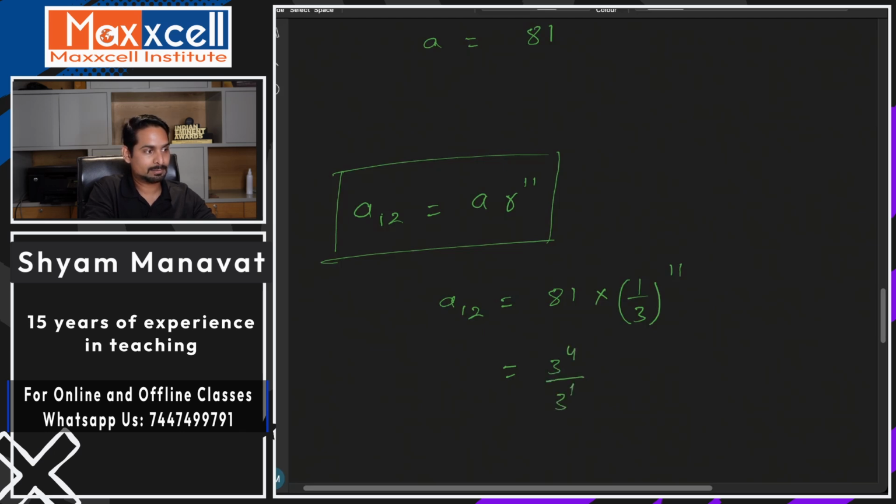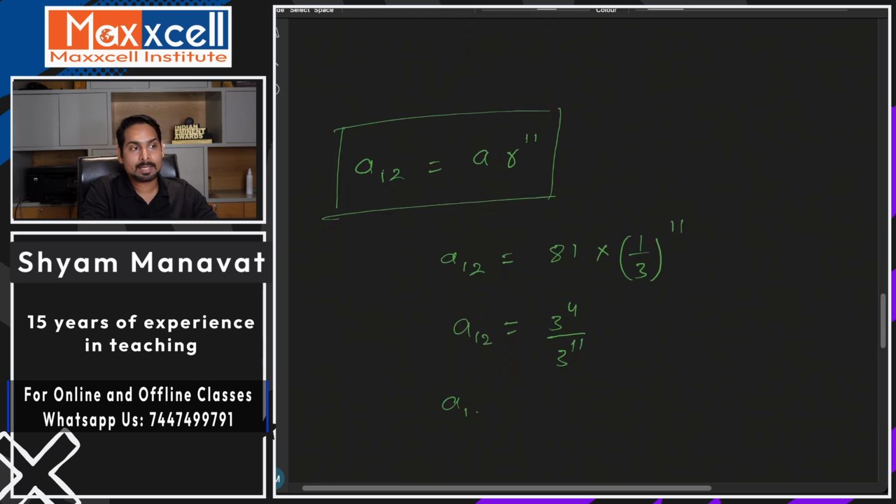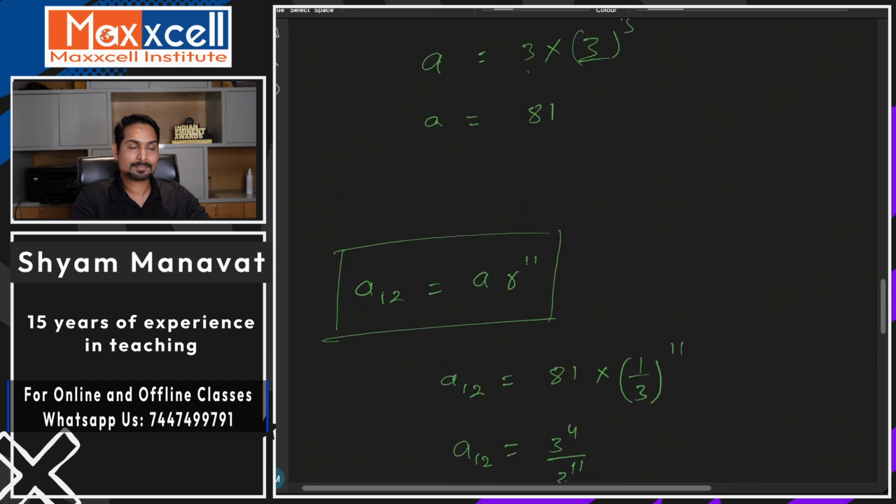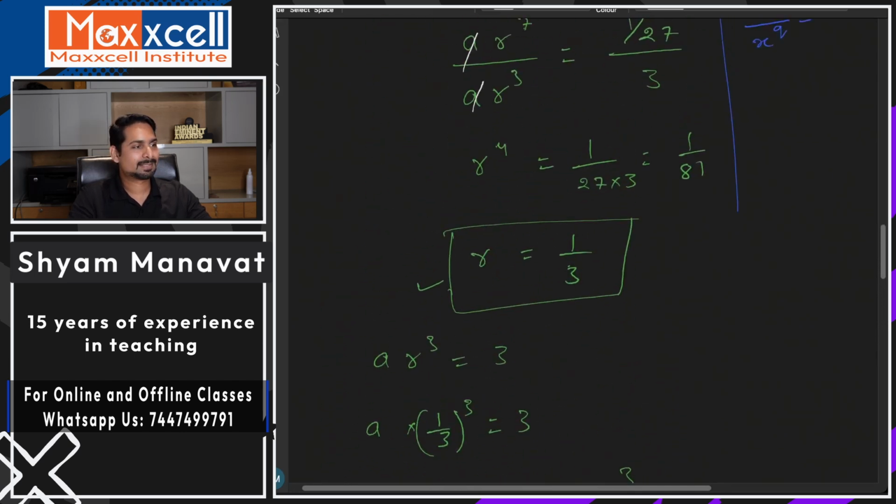Simplify this. You can go with subtraction, or you can understand that 3 is multiplying itself 4 times and 3 is multiplying 11 times. So what you get is 1 upon 3 to the power 7 only. This is the 12th term of the series. Are you understanding how to apply the formula of nth term in GP? Yes? Okay.